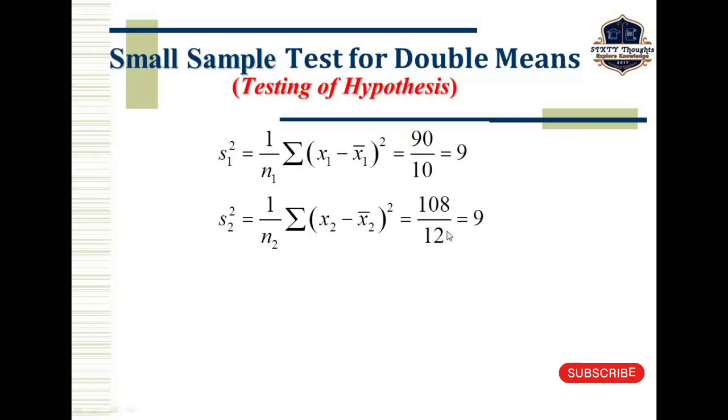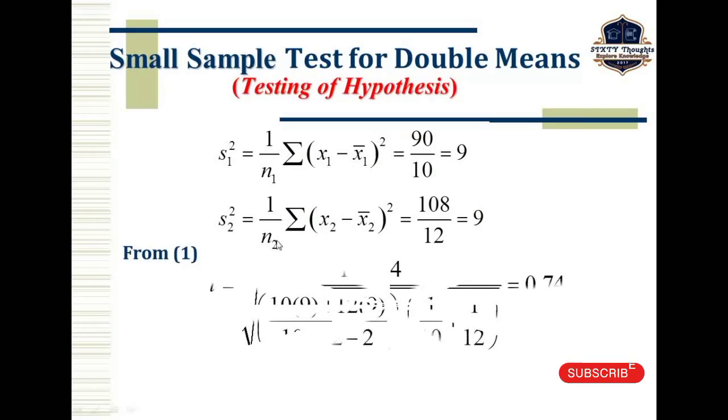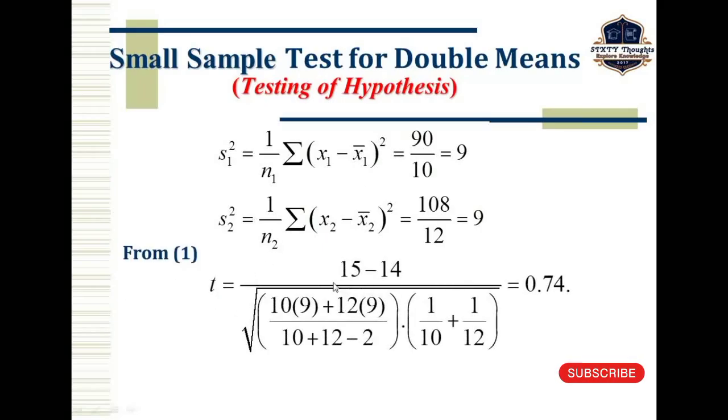Using a calculator, we substitute the s1 square and s2 square values in equation number 1. So t equal to (15 minus 14) by square root of [(10 into 9 plus 12 into 9) by (n1 plus n2 minus 2)] into [1 by n1 plus 1 by n2], with n1 equal to 10 and n2 equal to 12.